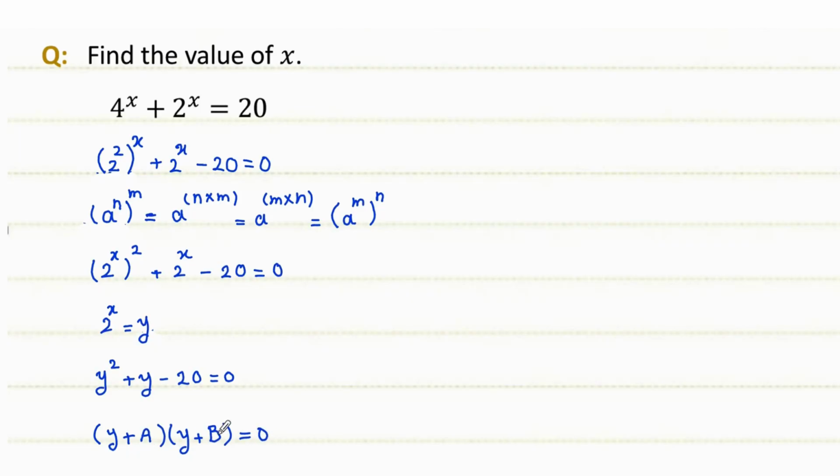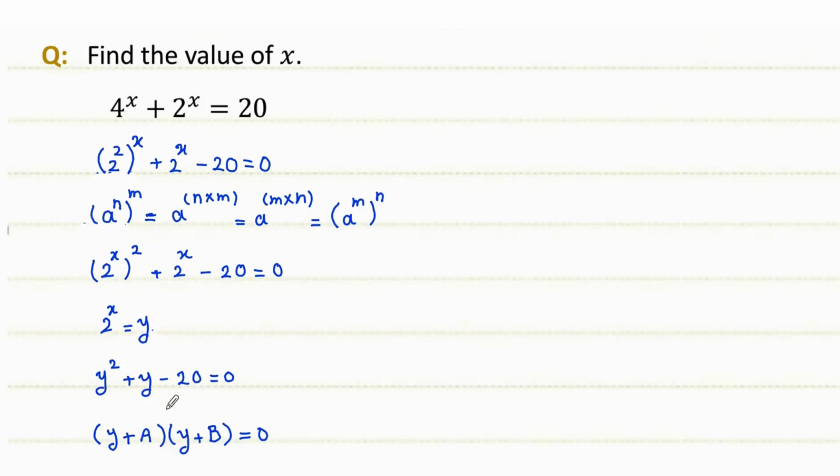So a and b are two numbers that if we add them, we should get 1 because the coefficient of y is 1. And if we multiply them, we should get minus 20. So the two numbers that we can pick are 5 and minus 4. Because if we multiply 5 by minus 4, the result will be minus 20.